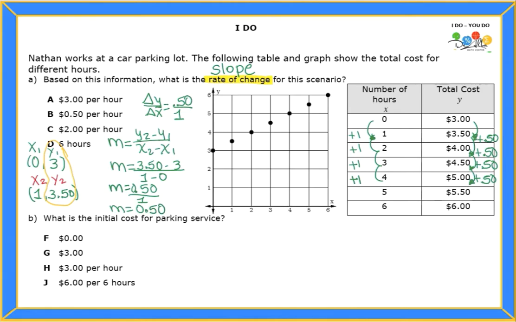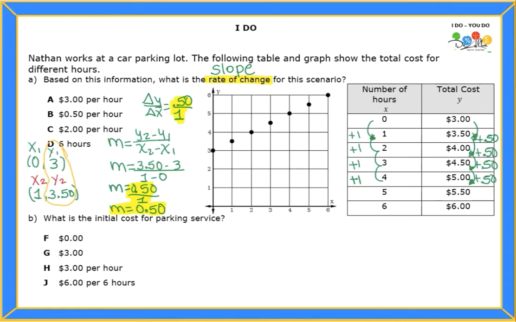Isn't that what I got earlier when I said the change of the y over the change of the x? We did, right? Look over here. 0.50 over 1 is the same thing that I got right there.